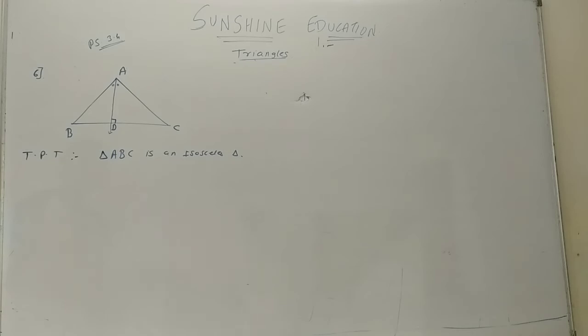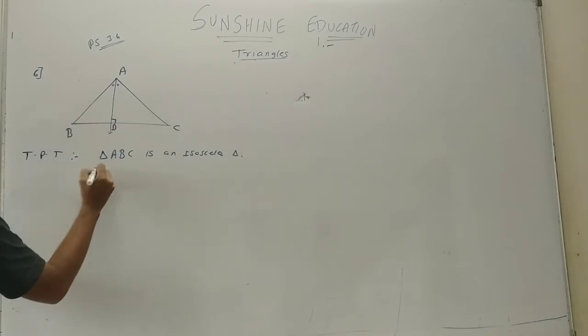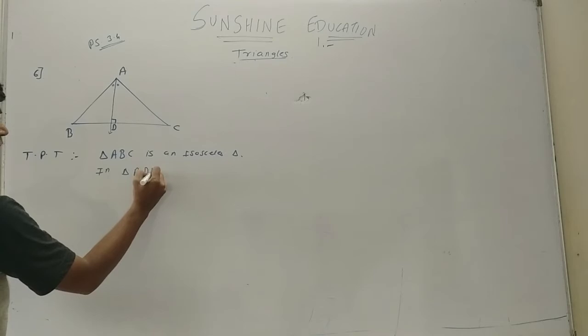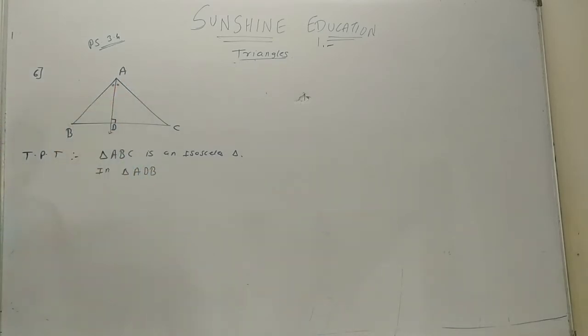So let's start. Pay attention. We have two triangles. In triangle ADB, this diagram is drawn with the help of the sentence given in the textbook.